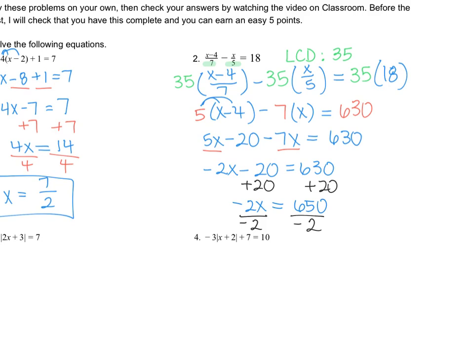Now, 650 is an even number. So when I take negative 650 and divide by 2, we're going to get x equals negative 325.